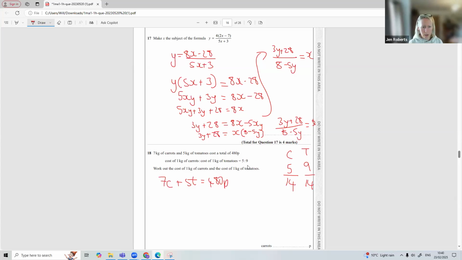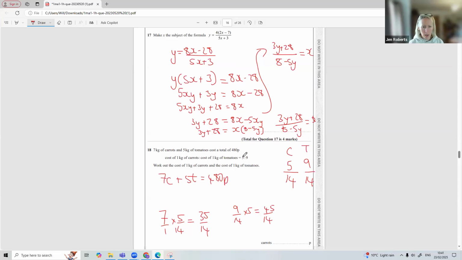I've got it as an equation here. So we've got 7 kilograms of carrots. 7 times 5/14 is, again, make it into a fraction over 1, 35/14. And do the same with my tomatoes. 9/14 times 5 is 45/14.